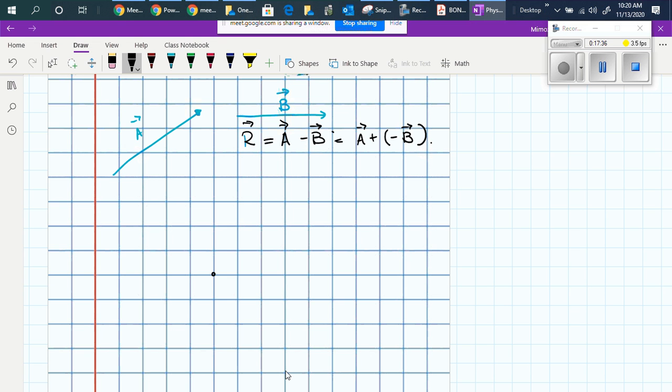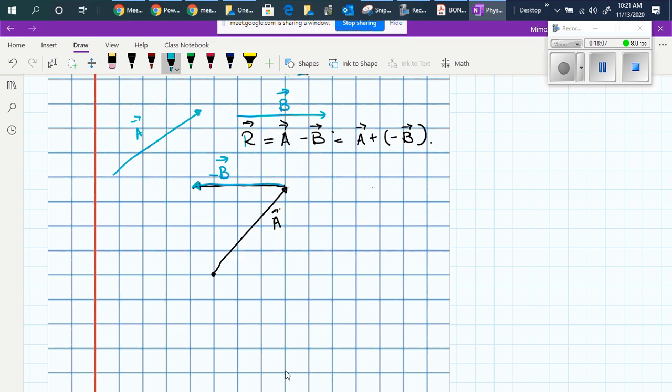We pick a starting point and we bring the first one, vector A, that looked like this. And now if we were going with vector B, then we would go east. Since we are going with opposite B, we will go in the opposite direction. So this will be negative B.